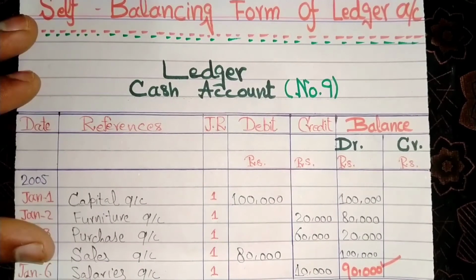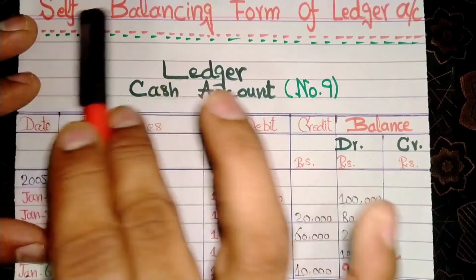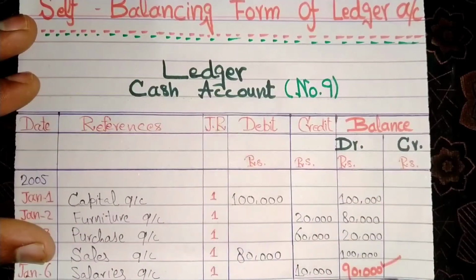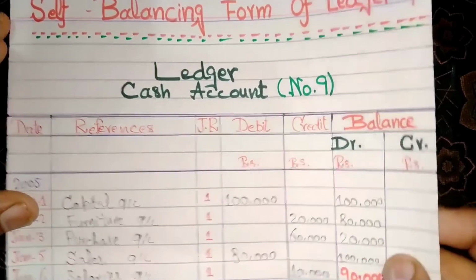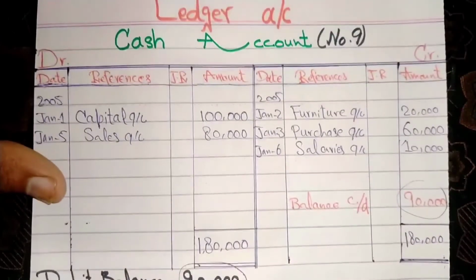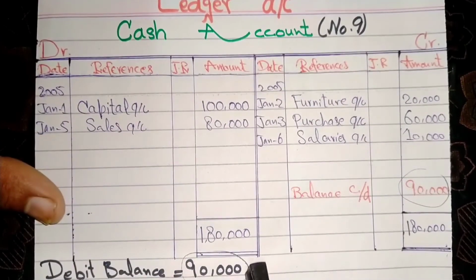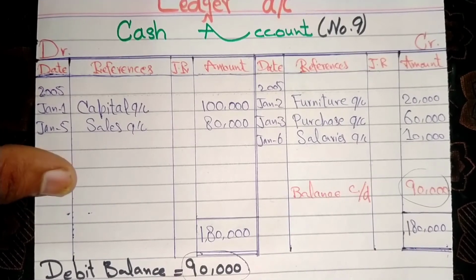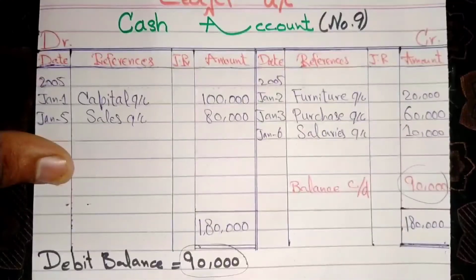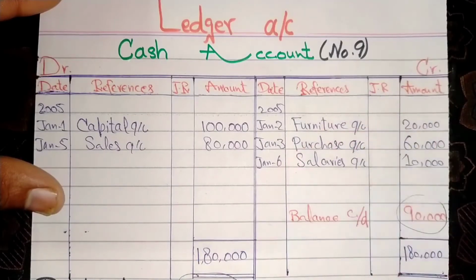So you can see here, in the self-balancing form of ledger account, we have a 90,000 debit balance, and we also find it in this type, which is the standard form of ledger account. We have found the same 90,000 debit balance. So we can say we have the same balances with the solution of two types of ledger accounts.